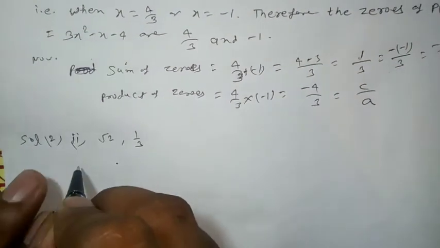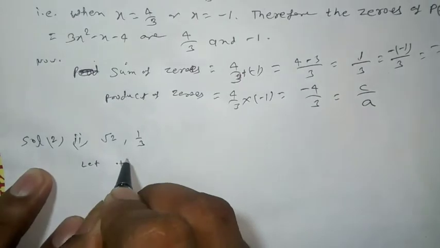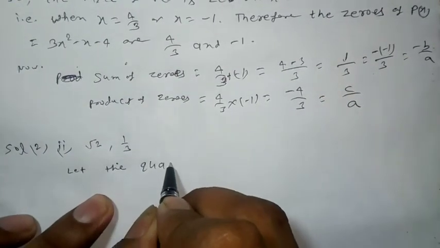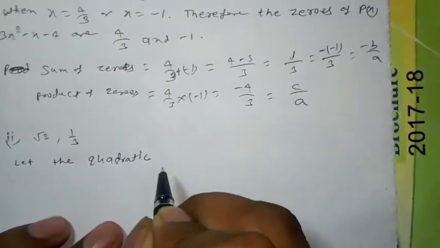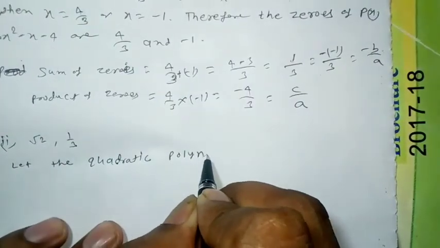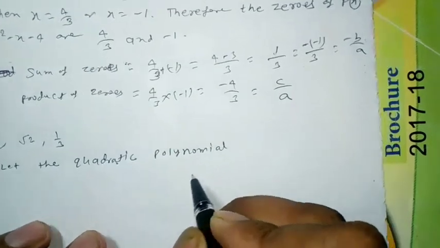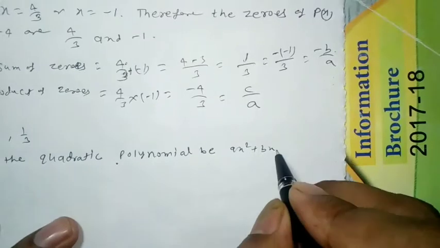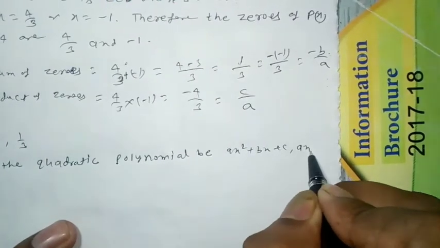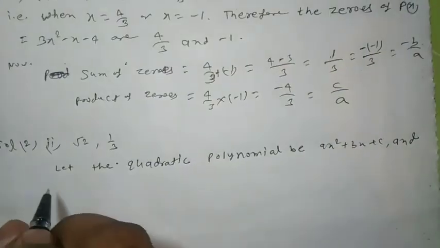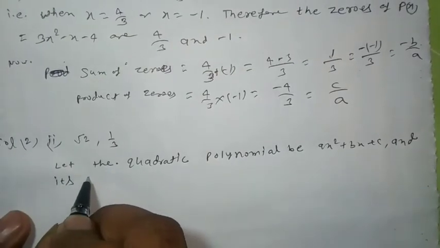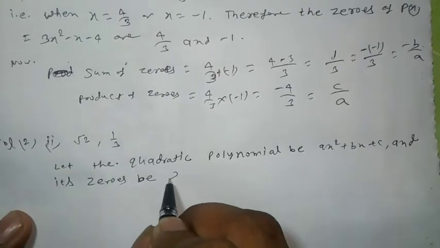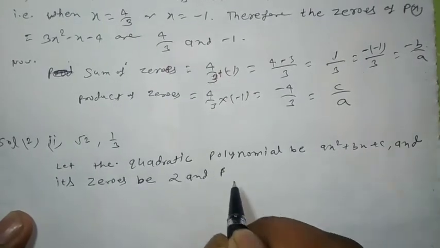Let the quadratic polynomial be ax square plus bx plus c and its zeros be alpha and beta.